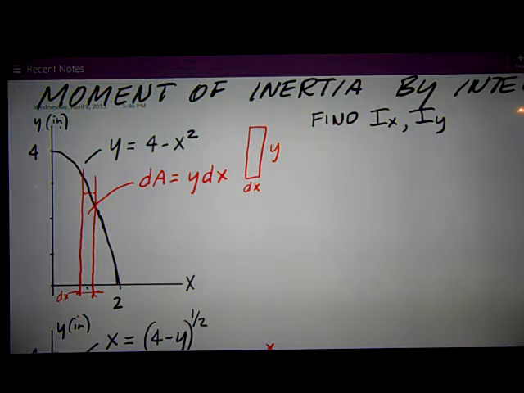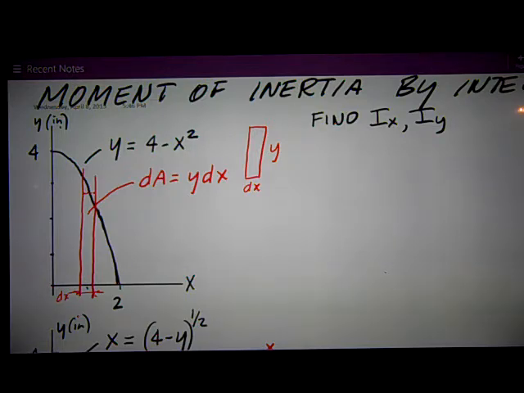So it gives us two different ways of doing it. The curve is defined as y is equal to 4 minus x squared. So the first way we're going to do this is by using a vertical strip for our differential element dA and demonstrating how to integrate that. You get the same answer either way.